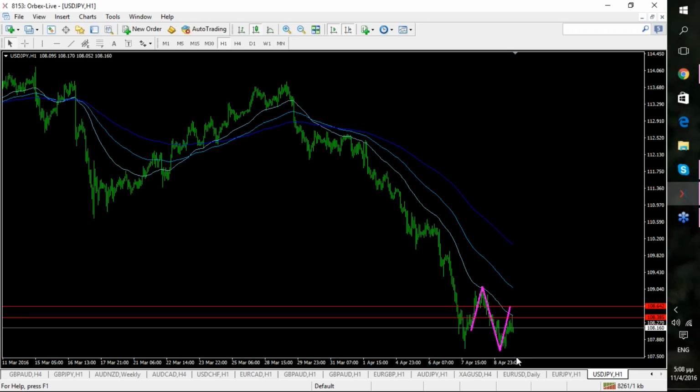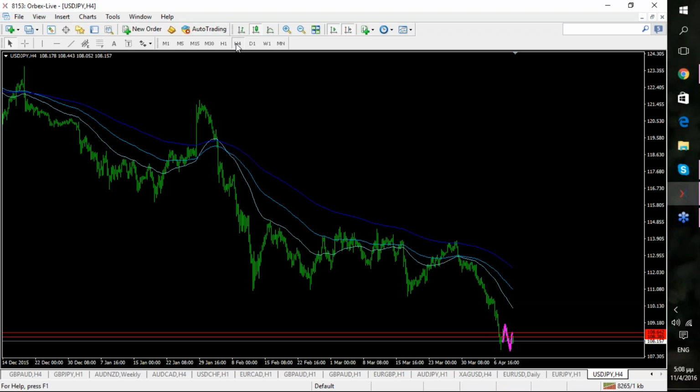So just a lot of strength to the downside. If I go on to the 4 hour chart, similarly, I'm looking at lots of candles moving further and further downwards away from the 3 moving averages that I have plotted here. That again is signaling more downward pressure for the USD JPY.